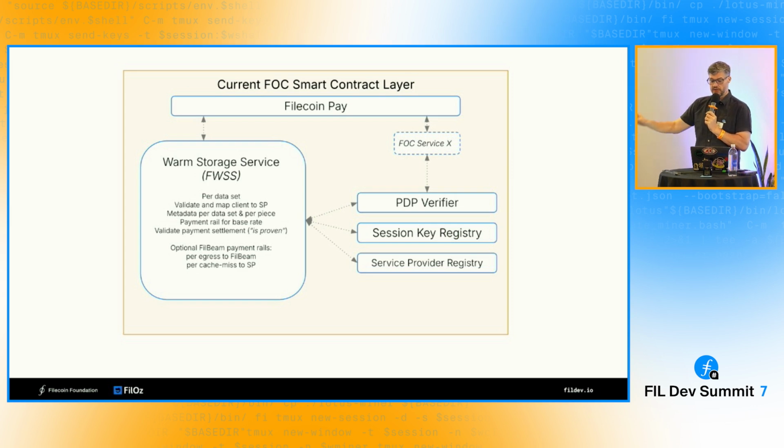And what that rail will pay for is when PhilBeam will attest on chain that the SP was used for cache miss fetching, and the client will pay according to the rate that PhilBeam says that the client was bothered to serve that traffic.